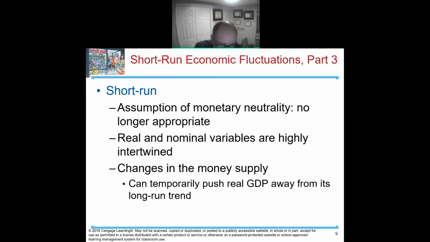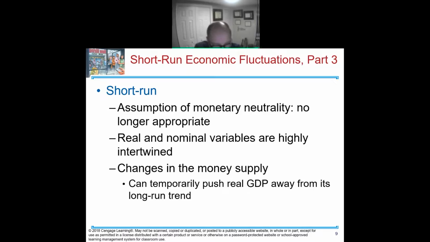In the short run, short time frame, the money supply doesn't have an effect. What does always have an effect are things like unemployment, to some degree interest rates, which are the real nominal variables. Those can have an impact on the short run.